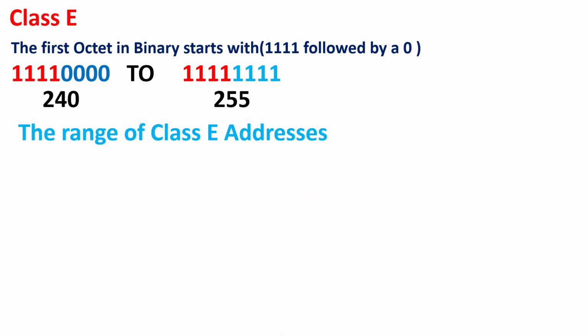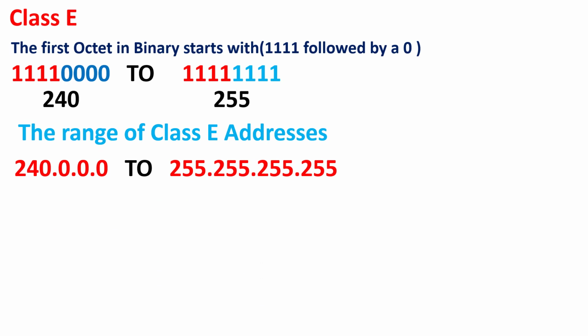The range of class E addresses is from 240.0.0.0 to 255.255.255.255. This is the broadcast address. Class E was set aside for experimental use.